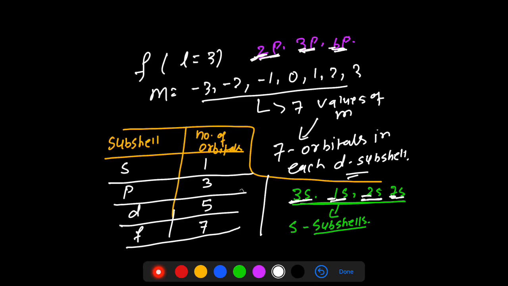Similarly, it goes for d and f also. So you don't have to get confused by these numbers. These are the values of the principal quantum number. They are just telling you that this s subshell belongs to the first shell or second shell or fifth shell, like that. Fine. So this was about the magnetic quantum number.